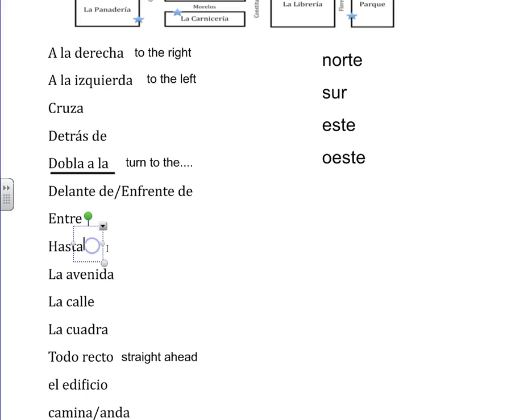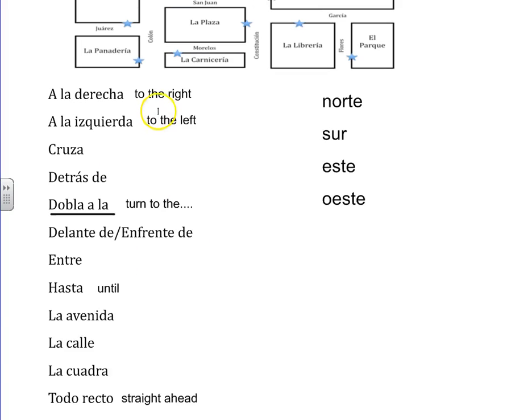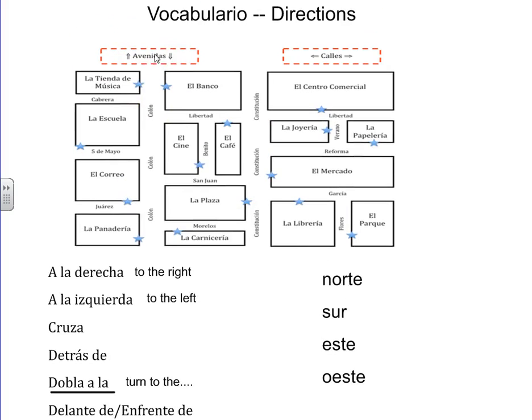You also probably would use the word hasta, which means until. So you would say, todo recto hasta la Avenida Colón. And I've got avenidas as my up and down streets, my north and south streets, and my east and west are streets.